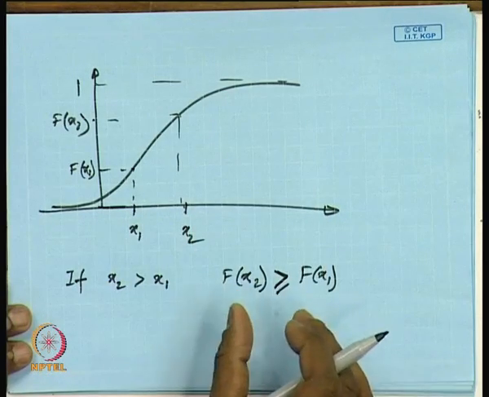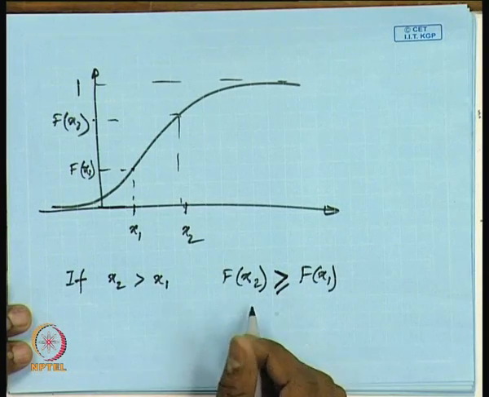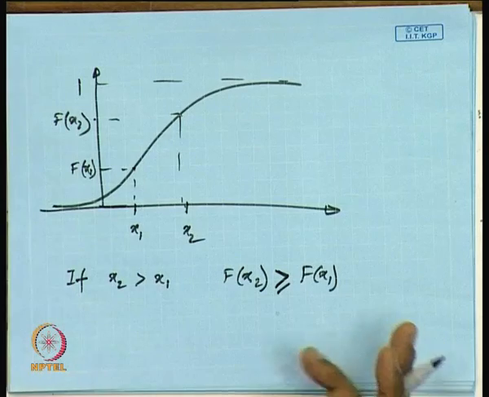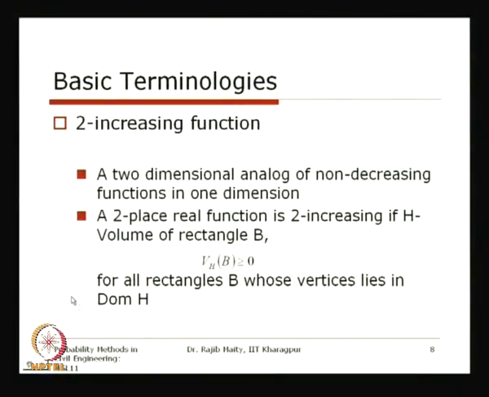Now if I want to extend the same property to the 2-dimensional case, then what is known is the 2-increasing function. So this is the correspondence: the same property in the 2-dimensional case that we have seen earlier in the 1-dimensional case is known as the 2-increasing property.